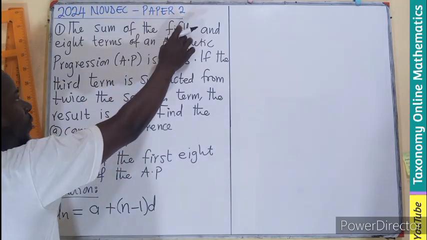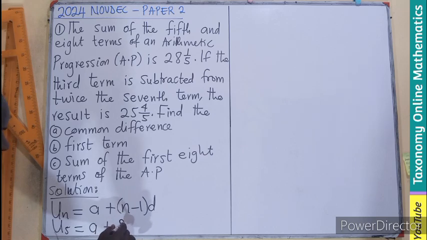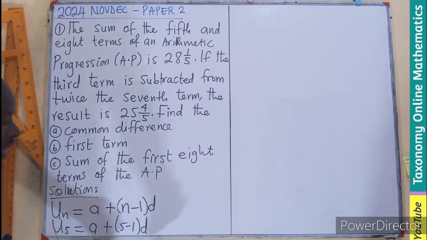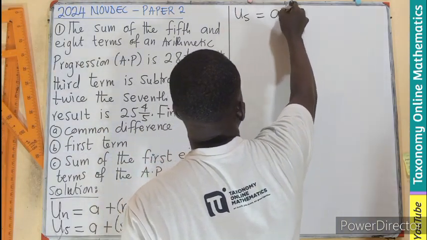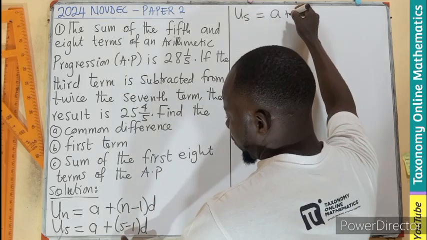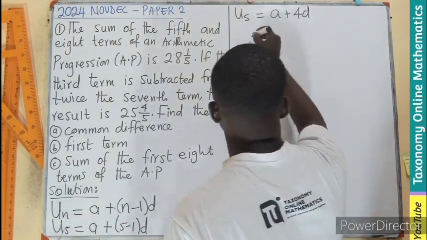If I'm thinking of the fifth term, n becomes 5, so that is A plus 5 minus 1 times D. So the fifth term will be A plus 4D.